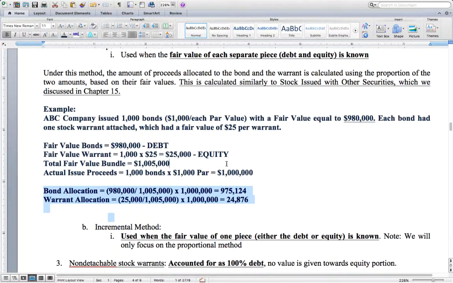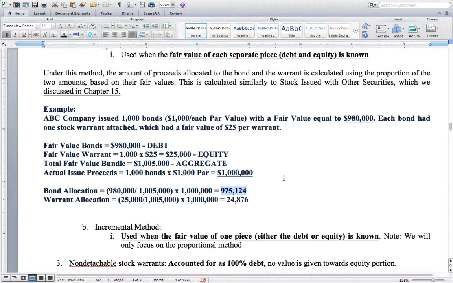The total amount of the proceeds that need to be allocated, we have to do the fair value of the bonds, which is the $980,000, divided by the aggregate fair value, and I will put this aggregate because this is how we referred to it in chapter 15, times the actual amount of proceeds issued. So the bonds would receive $975,124 of the total proceeds received allocated to the bonds.